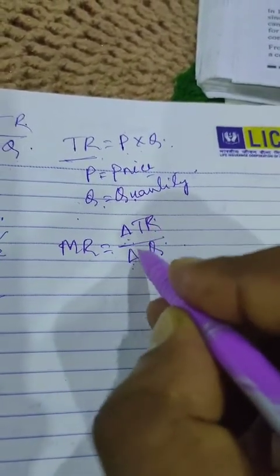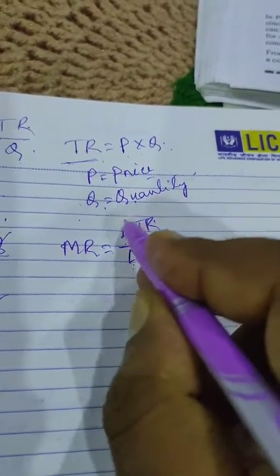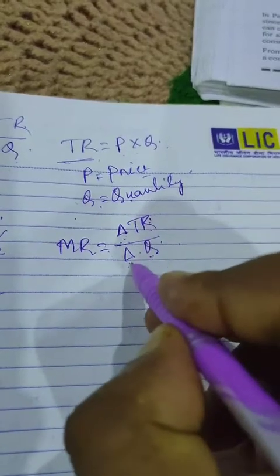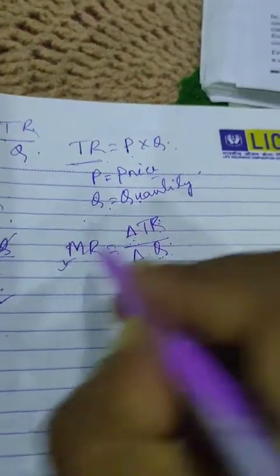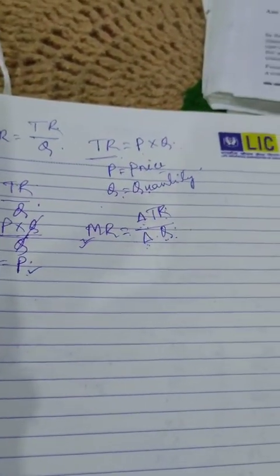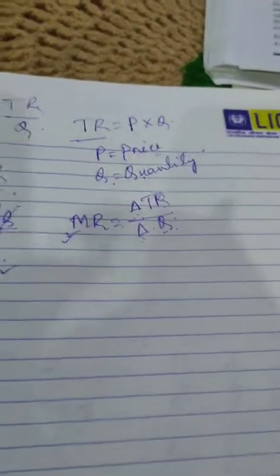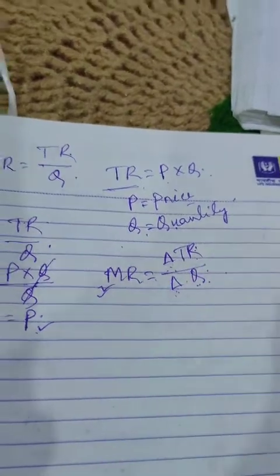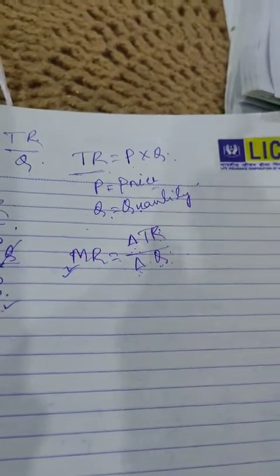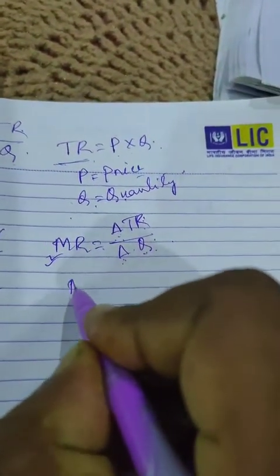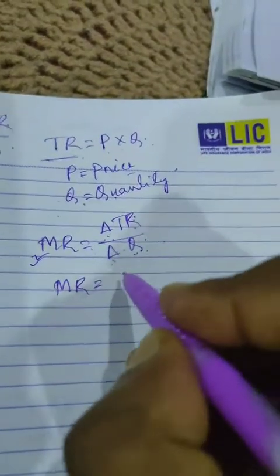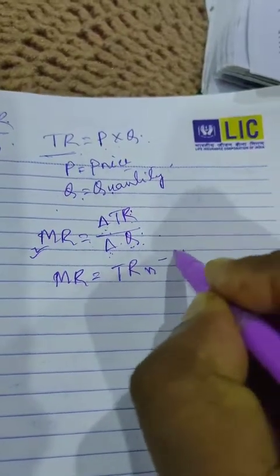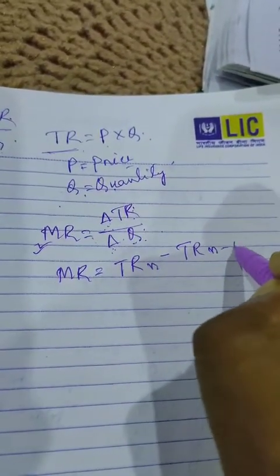When we take this ratio of the change in total revenue to the change in quantity, we get marginal revenue, which is the revenue earned through selling the last unit of the product. There is also another formula to find marginal revenue: TRn minus TRn minus 1.